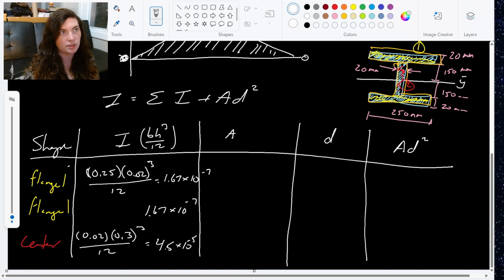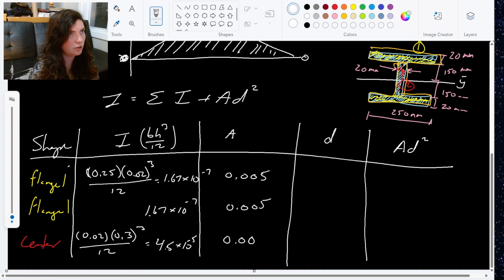I've got my base moments of inertia, and calculate my areas really easily, right? Just base times height. So for each of my flanges, 250 times 20, which converted to meters is 0.005. Same for top and bottom. And then my center line here is 300 millimeters times 20 millimeters, 0.006 meters squared.